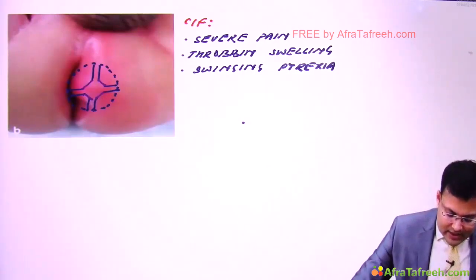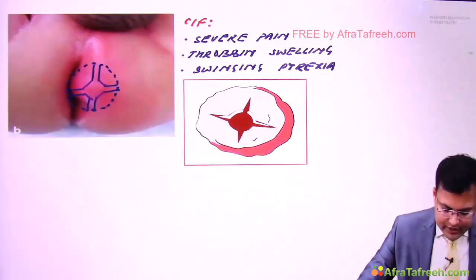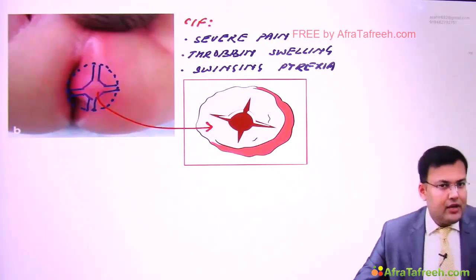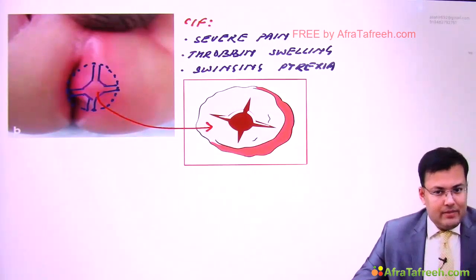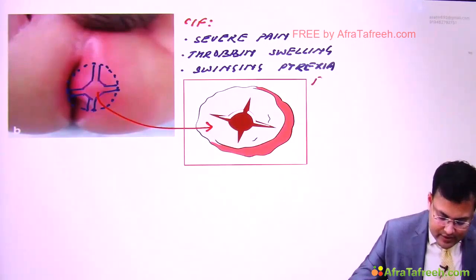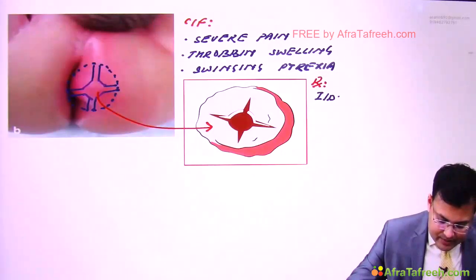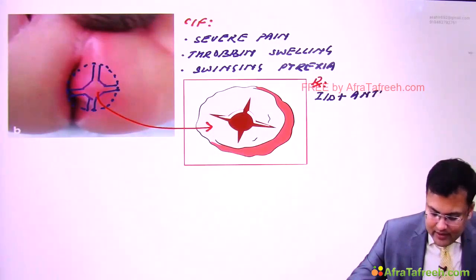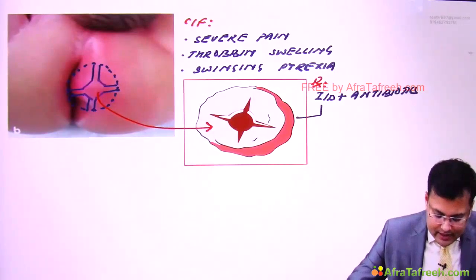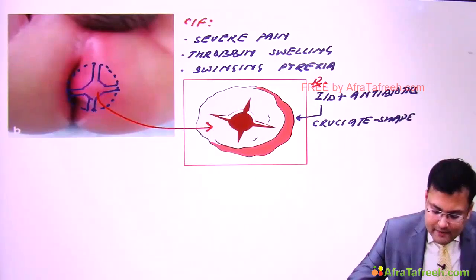Clear? What is the name of this incision? You can see this is the shape, so this is cruciate shaped incision. So the treatment is incision and drainage plus antibiotics, with a cruciate shaped incision for wide and free drainage.